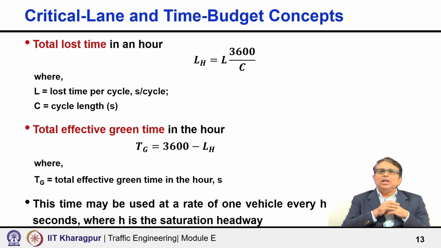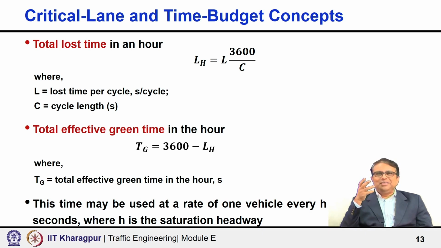Then how much total effective green time is available in an hour? I have 3600 minus the total loss time per hour, LH. So, it is 3600 minus LH. Now, this is the effective green time. So, how many vehicles can I process?